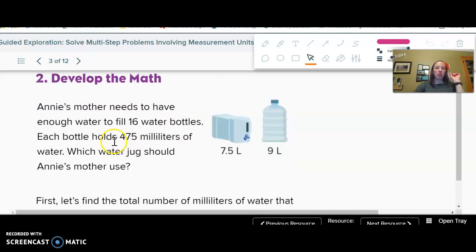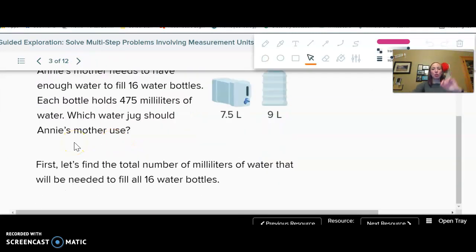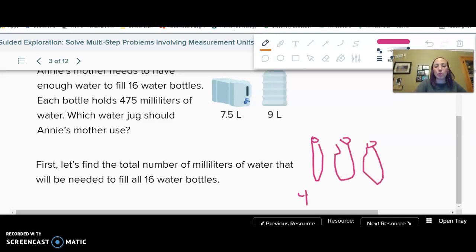So the first thing we need to do is figure out how much water she needs for those 16 water bottles, right? Nowhere it says like how much water does she need, but we do need to know how much water that is. So imagine I have 16 bottles, right? Like there's a bottle. I know those don't look like bottles, but each one is 475.